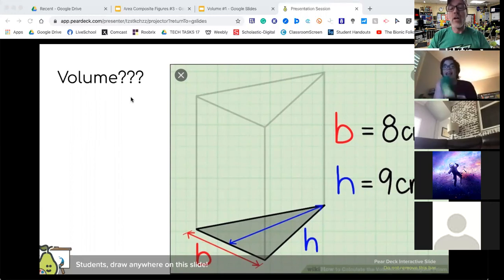So we can't get the answer to this, is that correct? Yes, we can't because it's missing pieces.